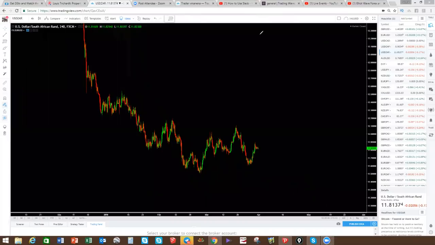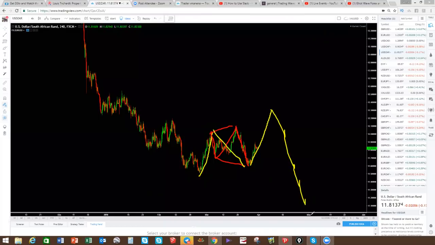So we've got this impulsive move here, and we are looking at this as a 1, 2, 3. And this structure is very familiar. It's an expanding flat. So we'll be looking for a move to the upside like this. But either way, this move looks like a 3-wave pullback for a further move to the downside.